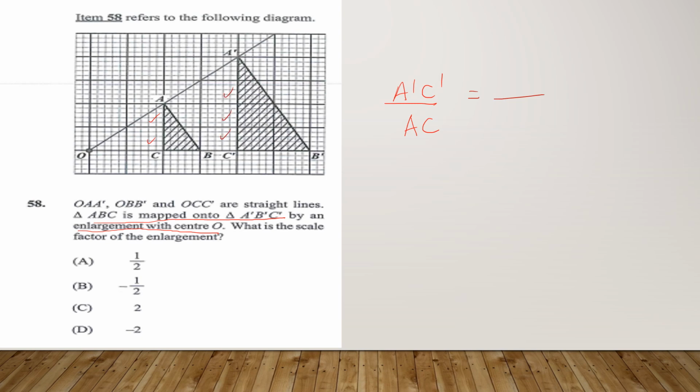One, two, three, four. So that's 4, that's 2. So that's 2. So notice the object and the enlargement is in front. So that is going to be C, positive 2. The scale factor would be positive 2.